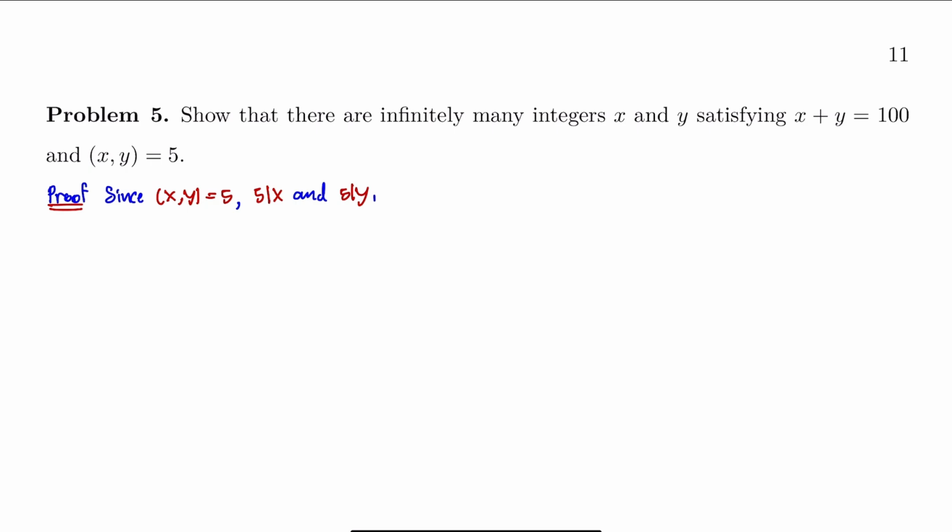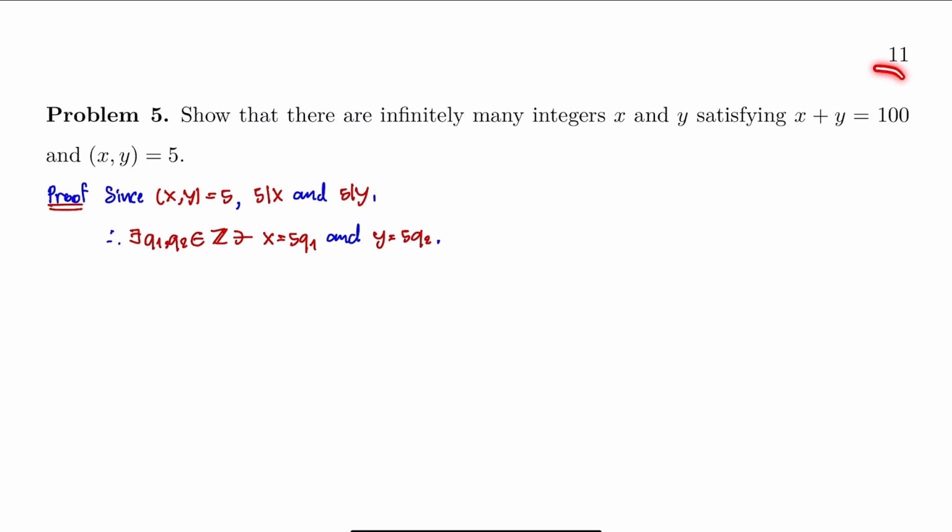By divisibility, we will have integers q1 and q2 such that x equals 5q1 and y is 5q2. Okay, great.